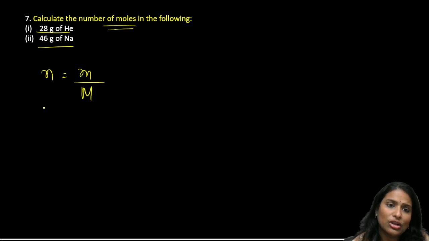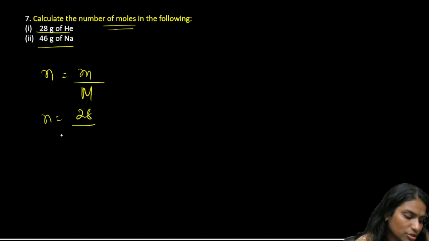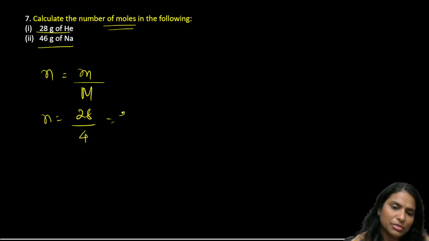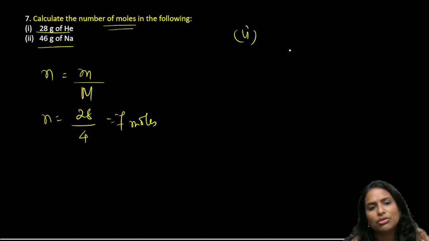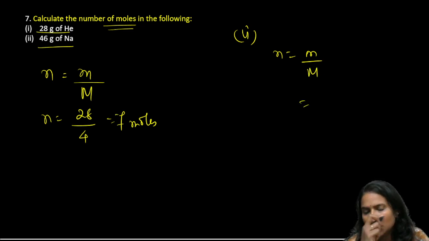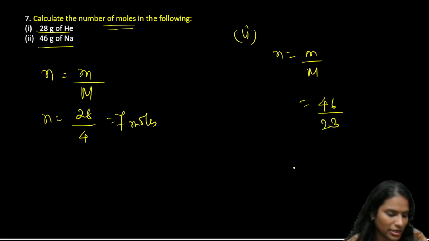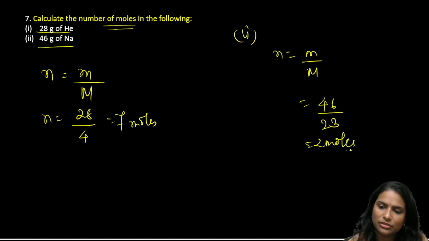So small n, you can calculate; mass is given as 28 grams, and the mass of helium is 4. So it is 7 moles. Secondly, for the second part of the question you will go with the same formula, small m upon capital M. Here it is 46 grams, and the mass of sodium atom is 23, right? So 46 by 23 will come to be 2 moles, right?